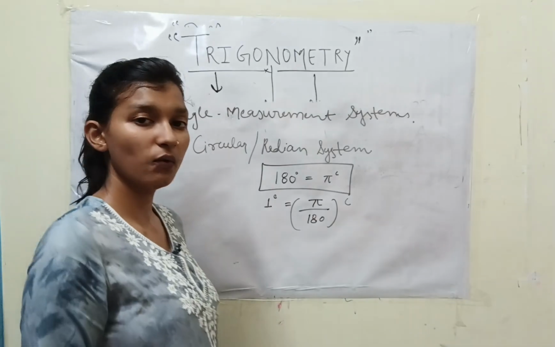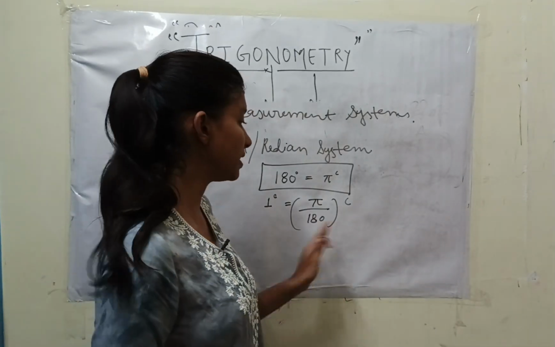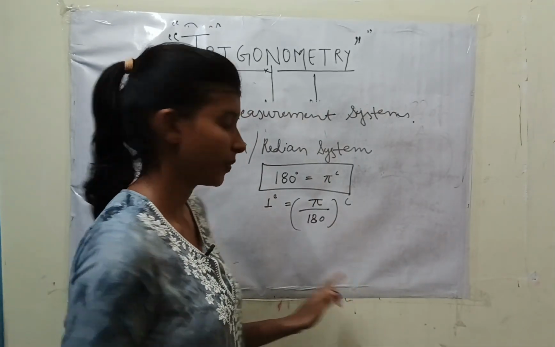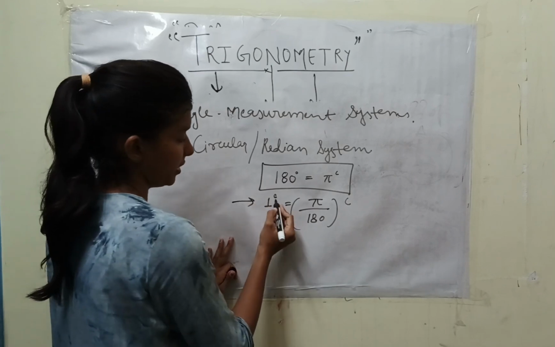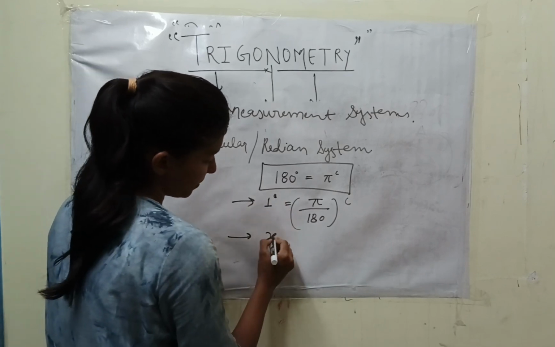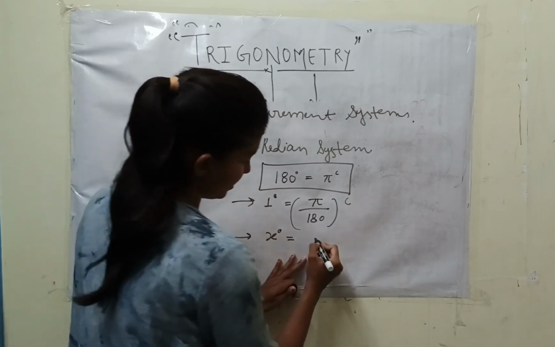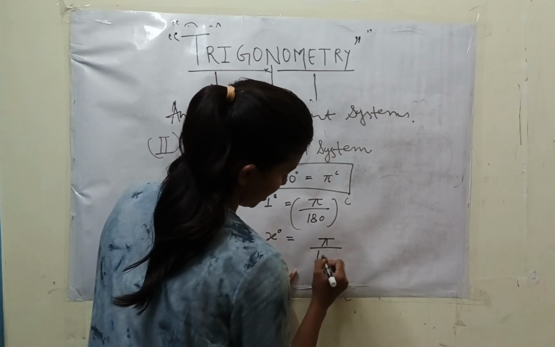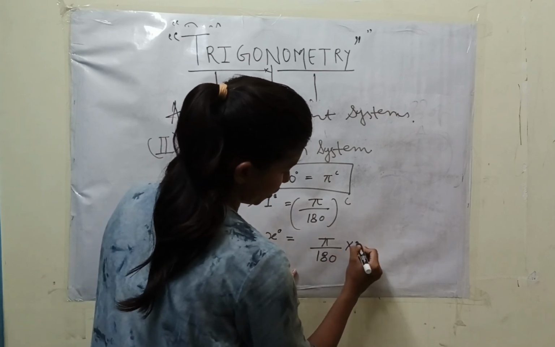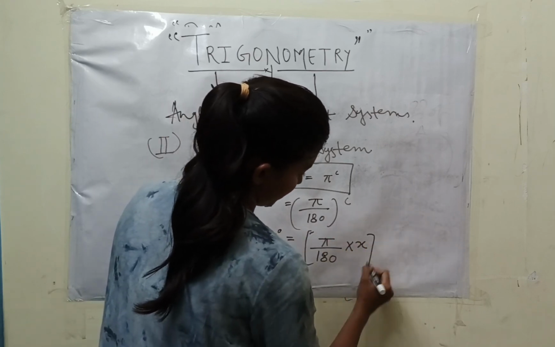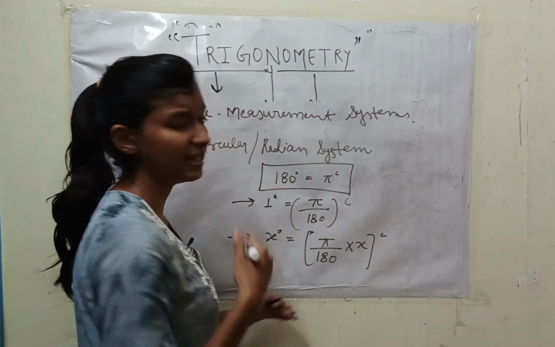Then if we have x degrees, then how can we represent it into radians? We have the measure of 1 degree. Then the measure of x degree in radian is pi by 180 into x radian. Let's take an example.